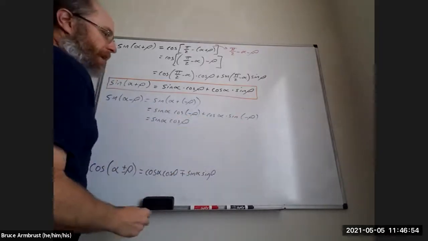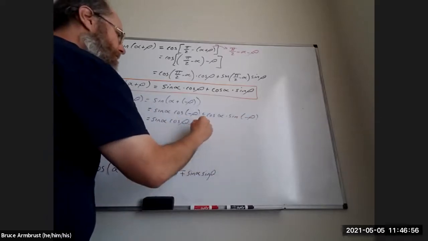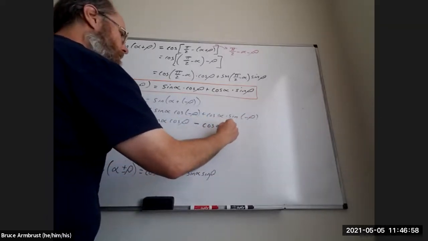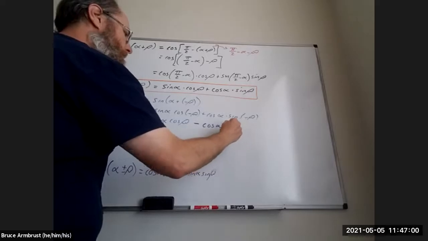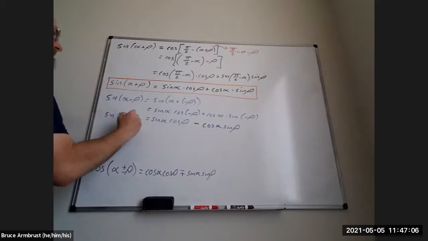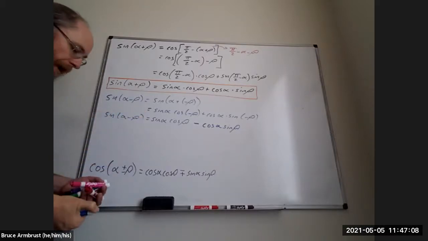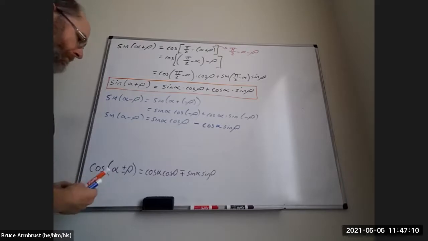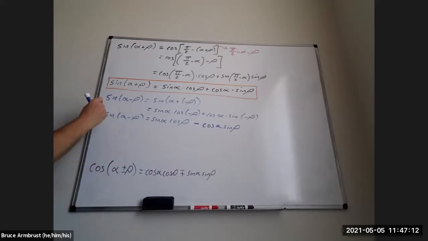The sine of negative beta, we pull that minus sign out front because it's odd. And so there's the identity for alpha minus beta.